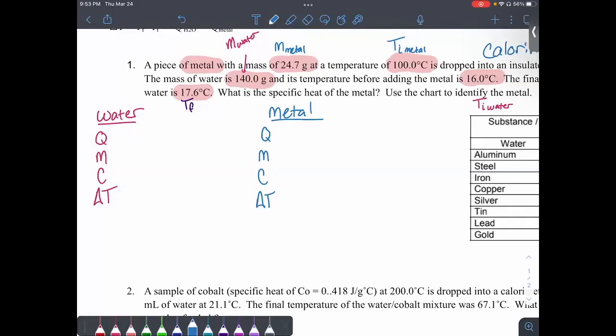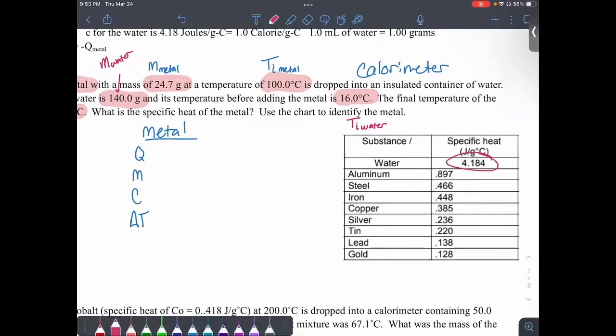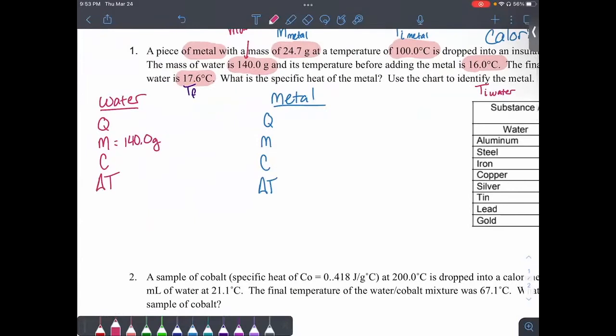We know the mass of the water, which equals 140.0 grams. Water always has the same specific heat capacity, and it's given to us in the table, which is 4.184 joules per gram degree Celsius. That means 4.184 joules of energy are required to raise 1 gram of water by 1 degree Celsius.